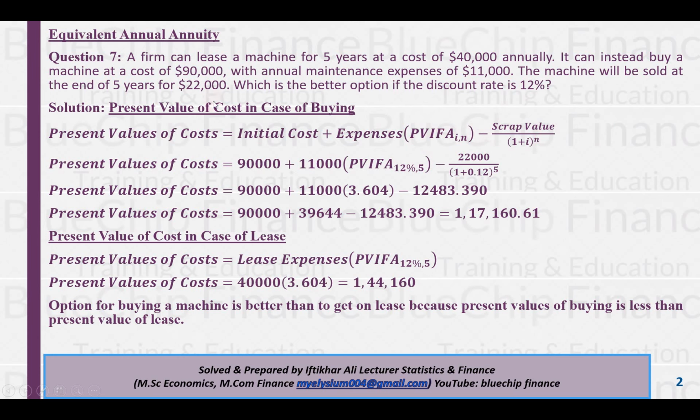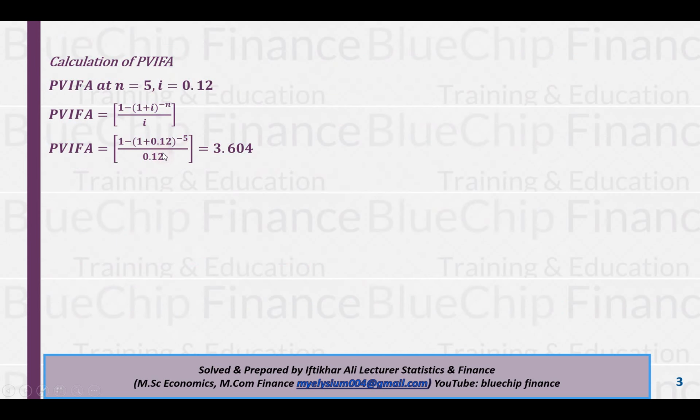What is your scrap value? 22,000, and the present value of your scrap value is simply the scrap value divided by 1 plus I raised to power n. So here your initial cost is 90,000 plus your annual expenditures to maintain that machine, 11,000, times the PVIFA factor at 12% and 5 years, which is 3.604.